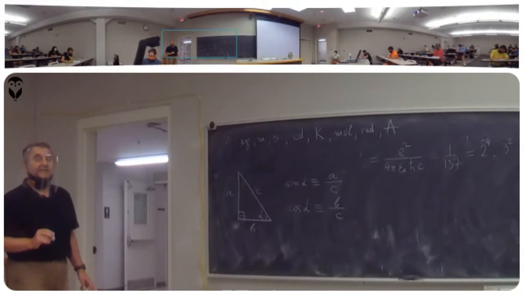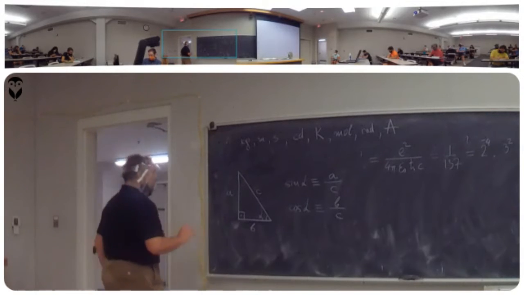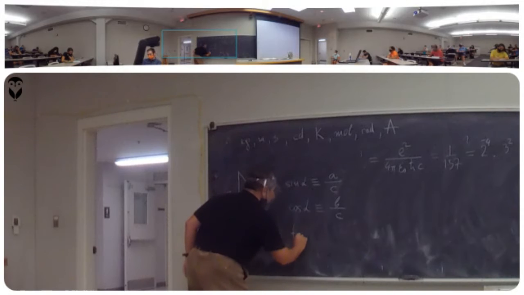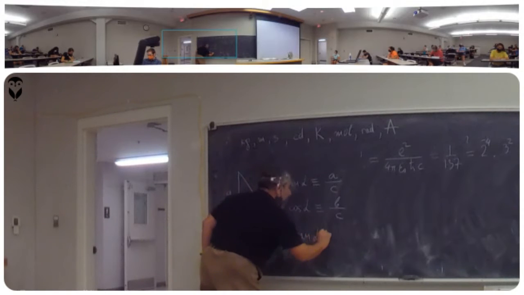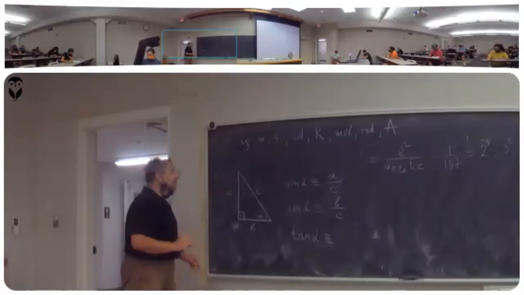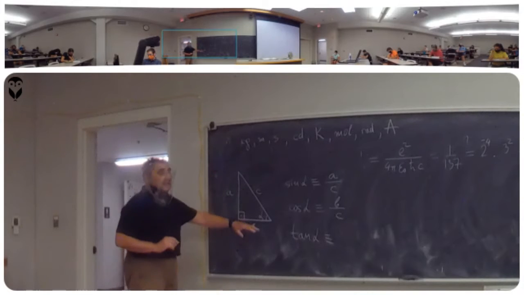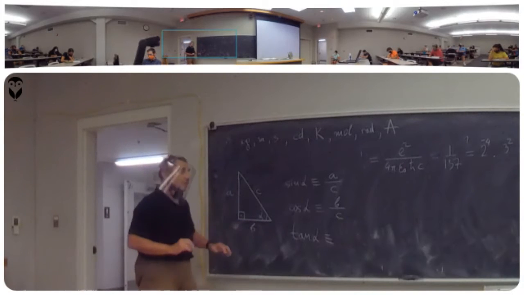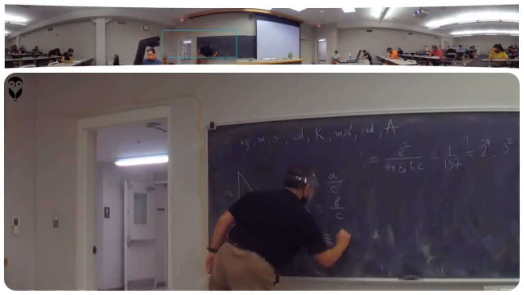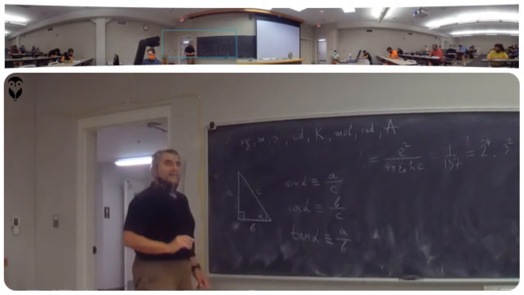And two more trigonometric functions that we're going to use. Tangent of that angle alpha is defined as the ratio of the side opposite to the angle divided by the side adjacent to the angle. In this case, it is A divided by B.